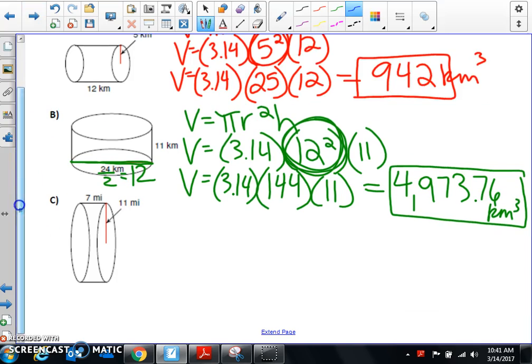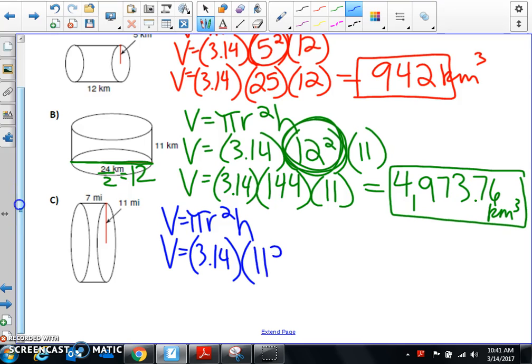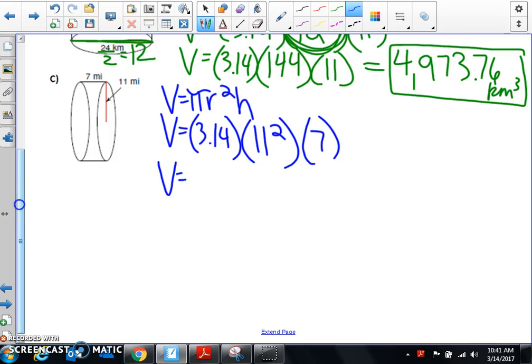And last one. Volume equals pi r squared h. The volume is 3.14. The radius, once again, lucky for us, they gave us the radius this time. We got to square it, and then the height is 7. So volume equals, got to do 11 squared first. 11 times 11 is 121.